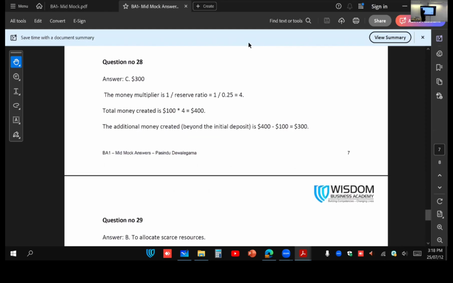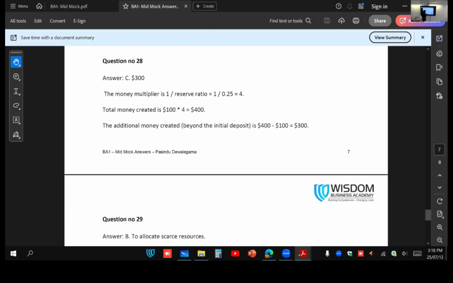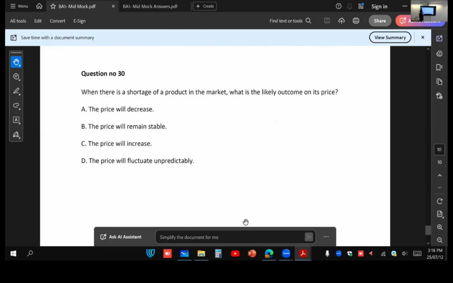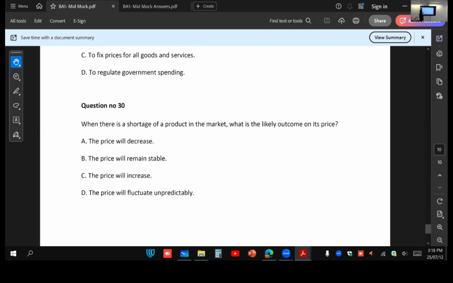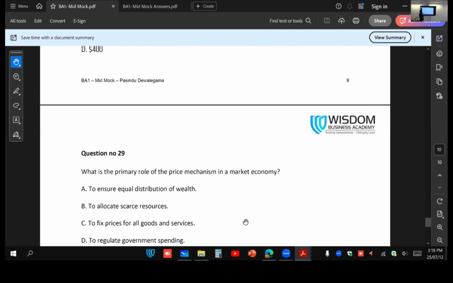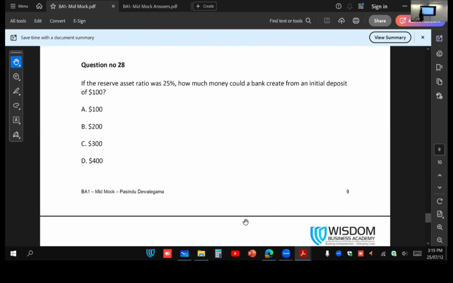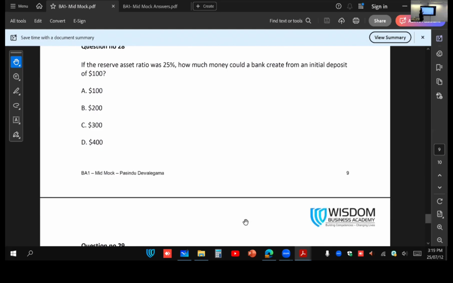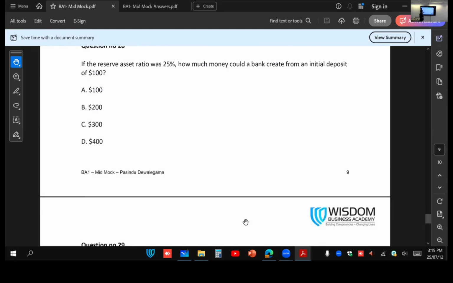Question number 28. What he says is it's a different question. It's not the same thing. The same question, but they have given the answer as 300, isn't it?